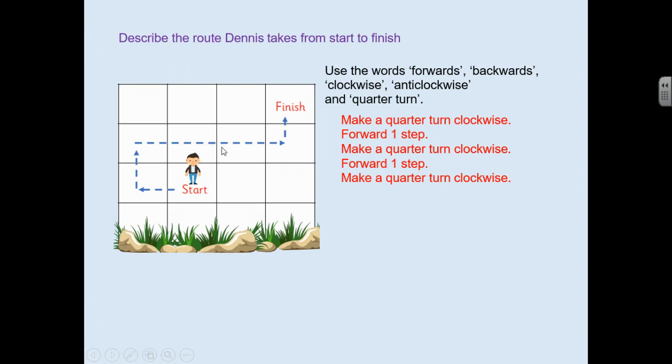He's going to take 3 steps forwards. So forward 3 steps. So he's reached here. Now he's going to make a final turn. So make a quarter turn. This time round it's anti-clockwise. And then he goes forward 1 step and he reaches his finishing line.